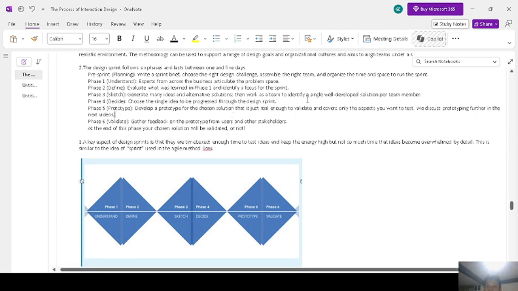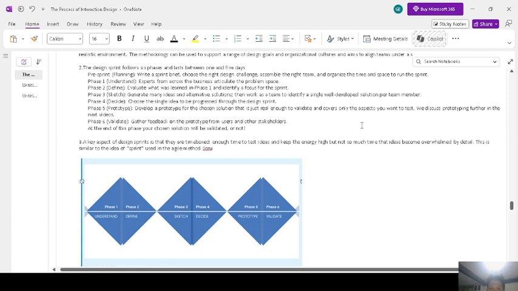Then work as a team to identify a single well-developed solution per team member. Each team member generates their solution to the problem, and then you choose the best idea that is realistic. Then you develop a prototype to test that idea for the chosen solution.